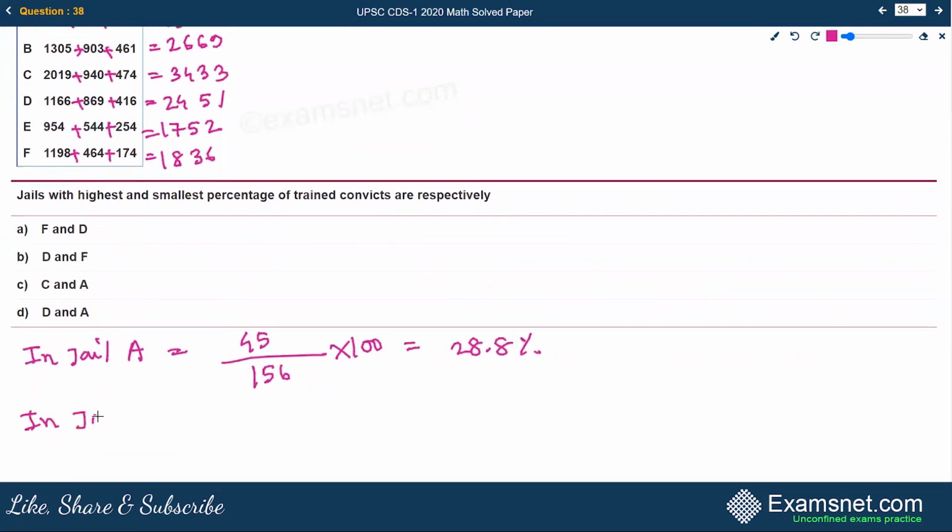In jail B, the number of trained convicts was 903 by 2,669 multiplied by 100. If we calculate, we get the value 33.8%.